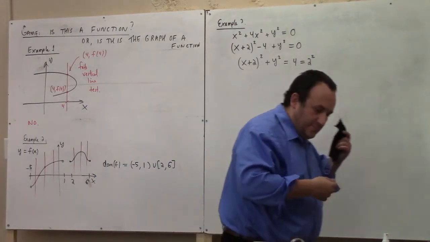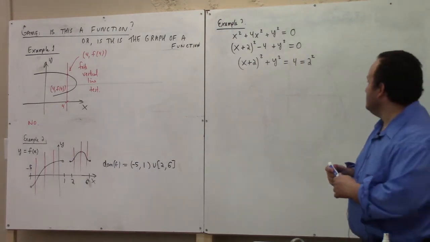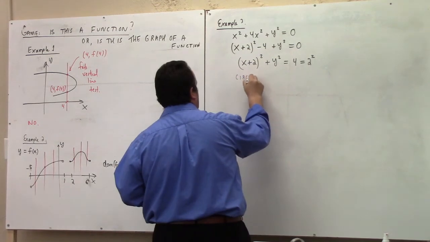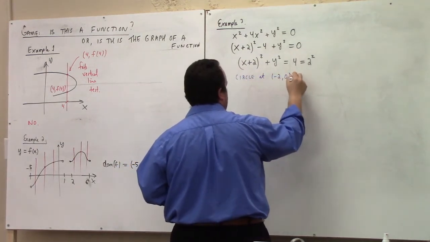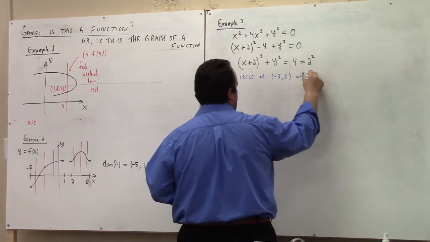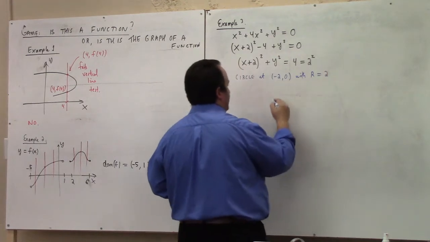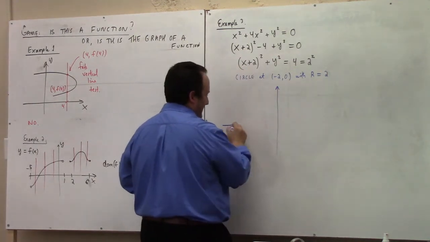So this one is a circle, right? At minus 2, 0. What's the radius? 2. See? There's hope.